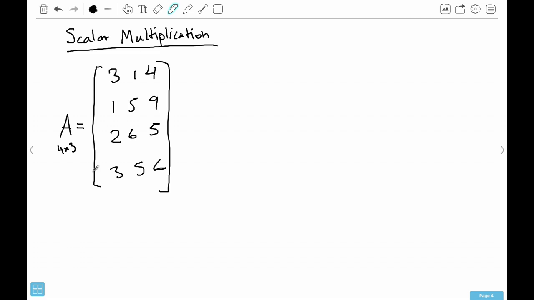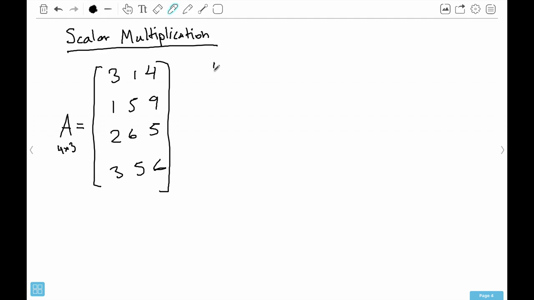But now let's suppose that we wanted to double all the values in A. What could we do with that? Well, when I double something, that's just the same thing as adding two copies of those things together. And from what we learned about addition of matrices, we can take two copies of A and add them together.